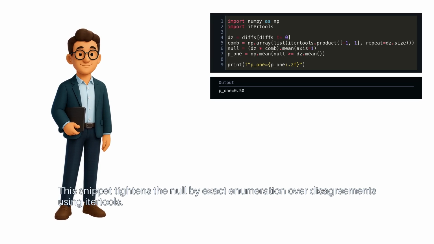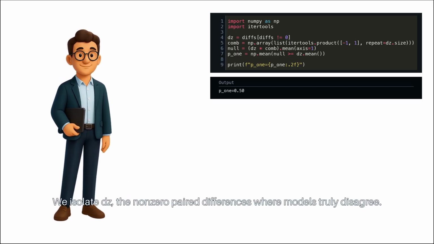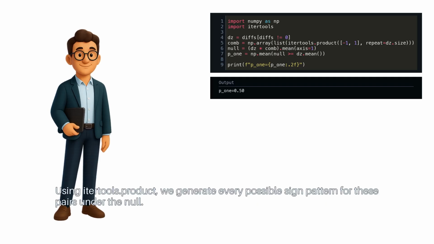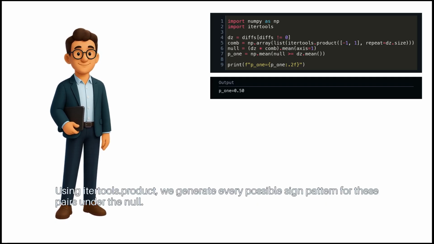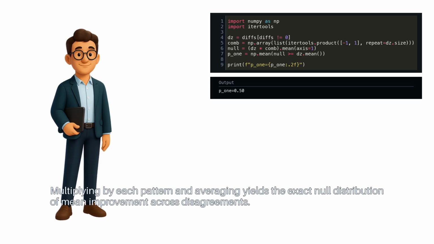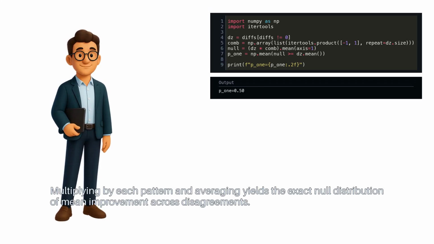Next, we tighten the null by enumerating only the disagreements. This snippet tightens the null by exact enumeration over disagreements using itertools. We isolate DC, the non-zero paired differences where models truly disagree. Using itertools.product, we generate every possible sign pattern for these pairs under the null. Multiplying by each pattern and averaging yields the exact null distribution of mean improvement across disagreements.